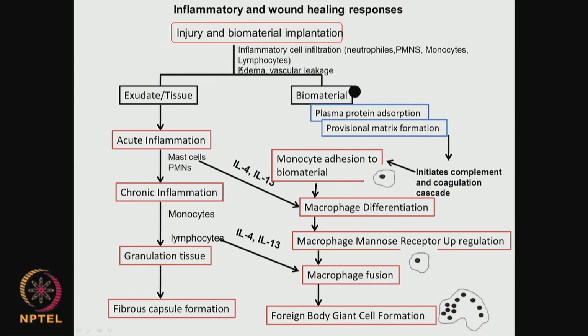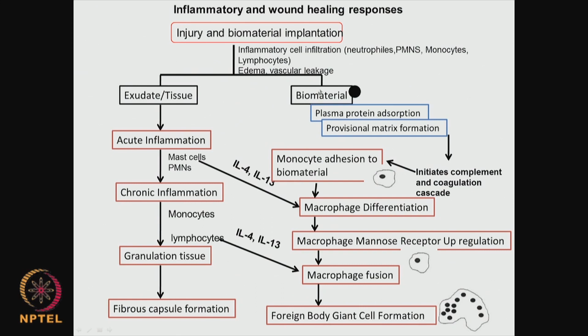Let us look at this pathway: biomaterial, plasma protein adsorption, provisional matrix formation, like I talked about complement and coagulation, monocyte adhesion to biomaterial, macrophage differentiation, macrophage fusion, foreign body giant cell formation.